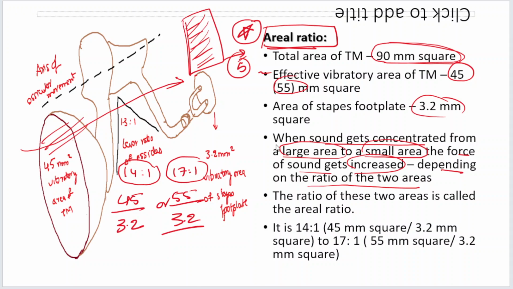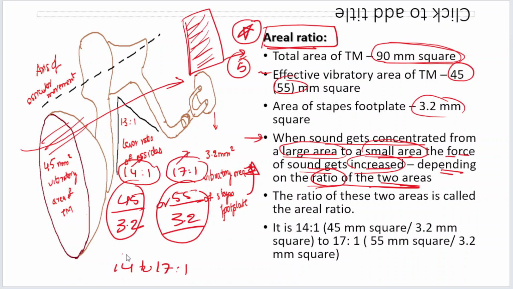Let me repeat: when sound gets concentrated from a large area to a small area, the force of the sound increases depending on the ratio of the two areas, by 14 to 17 times. So the areal ratio is 14:1 to 17:1, depending on the areas of the tympanic membrane and the stapes.